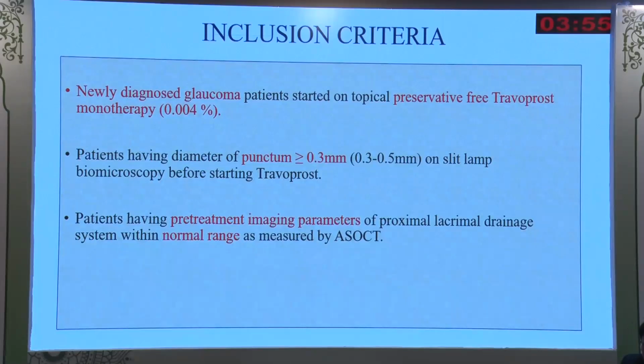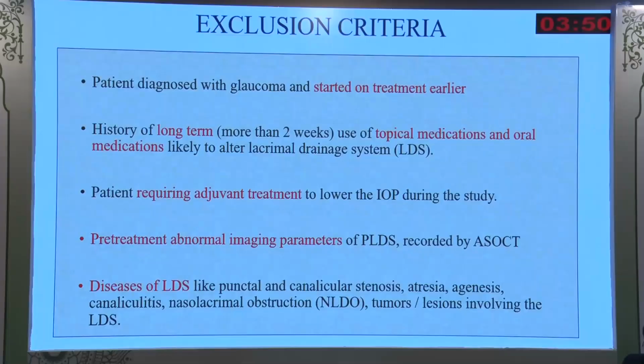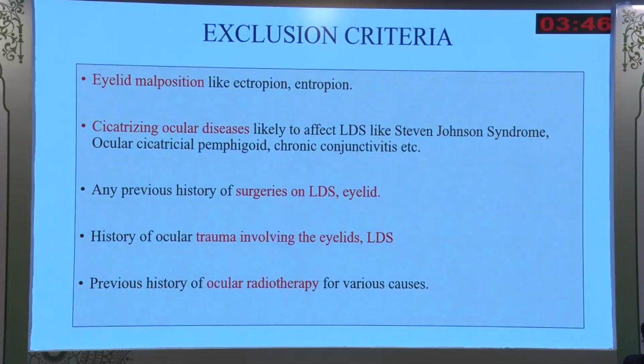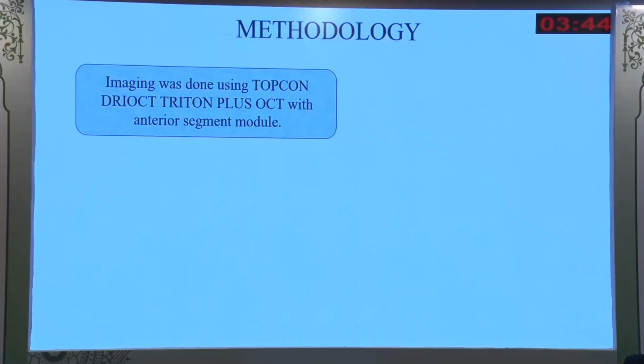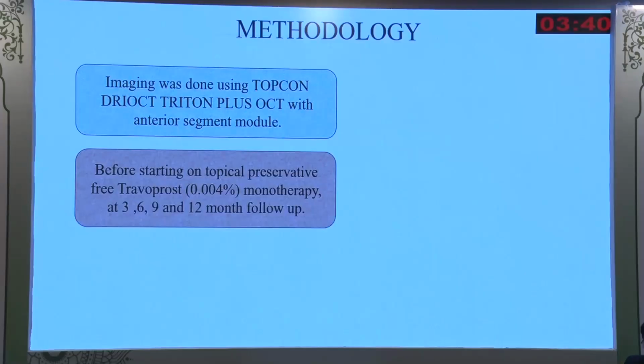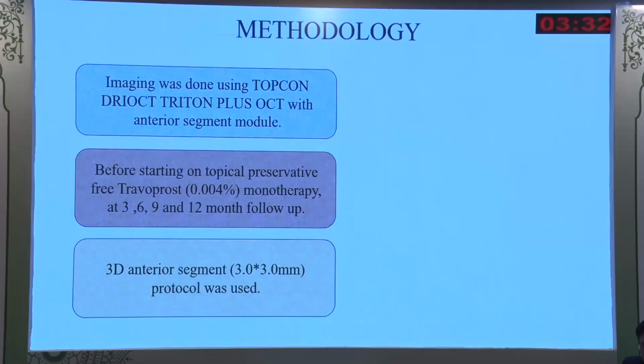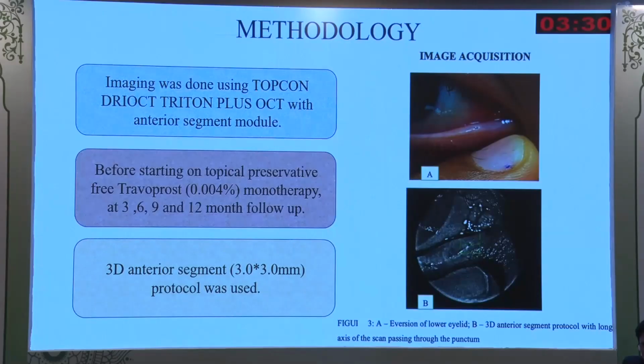All patients with normal punctal diameters were included in the study, and patients requiring any adjuvant treatment or lid disorders were excluded. Imaging was done using Topcon DRI OCT Triton Plus with anterior segment module. Images were captured before starting topical travoprost therapy, and at 3 months, 6 months, 9 months and 12-month follow-up, and a 3D anterior segment protocol was used.